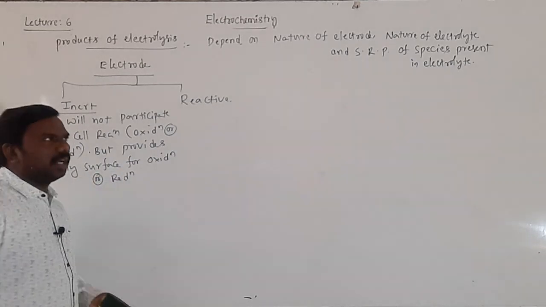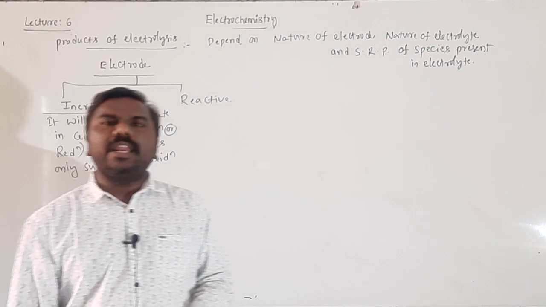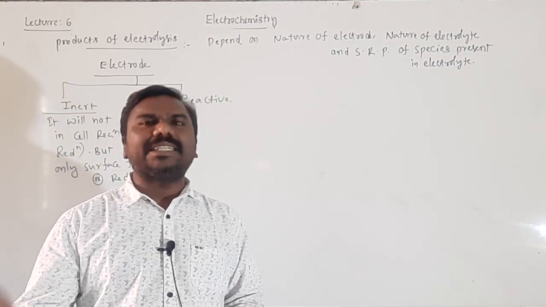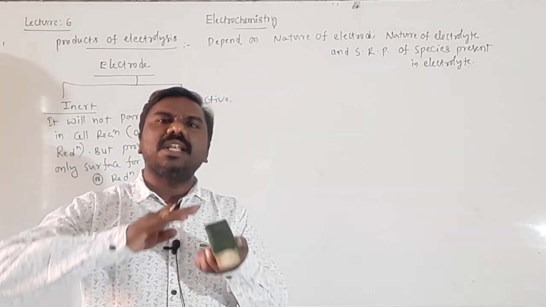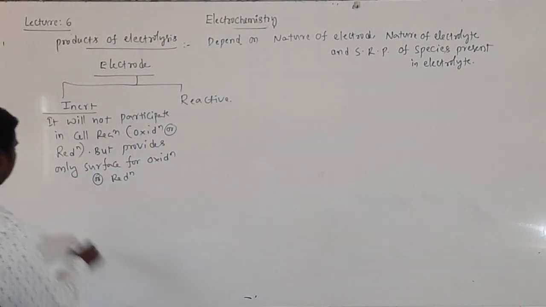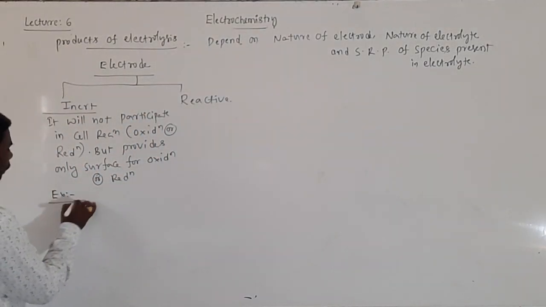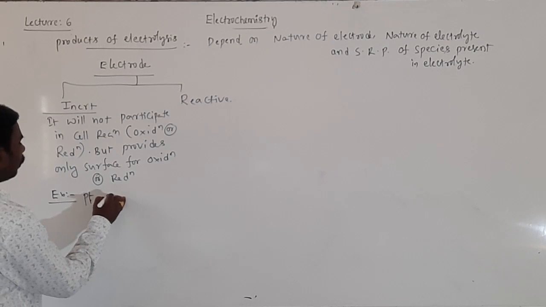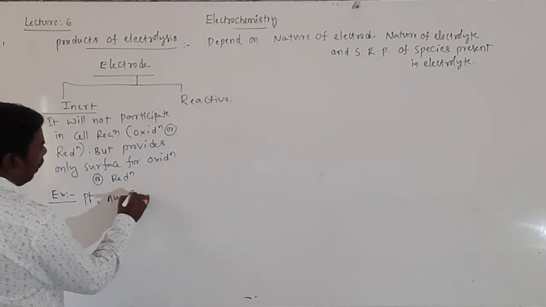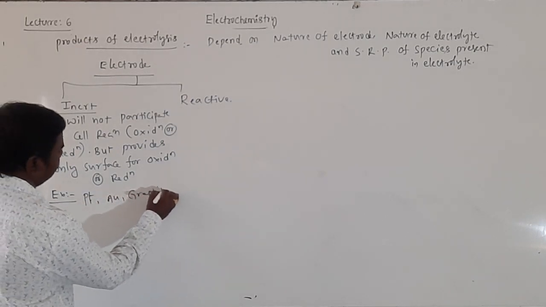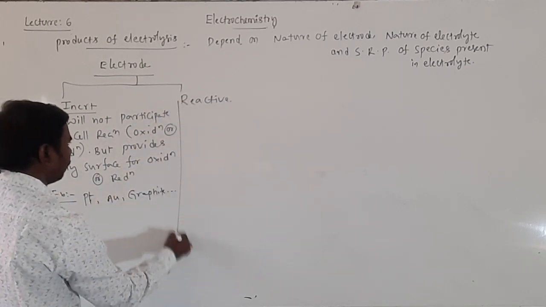They themselves are not involved in oxidation, but others are oxidized on its surface. Examples are platinum, gold, graphite, etc. Mostly these only we take.